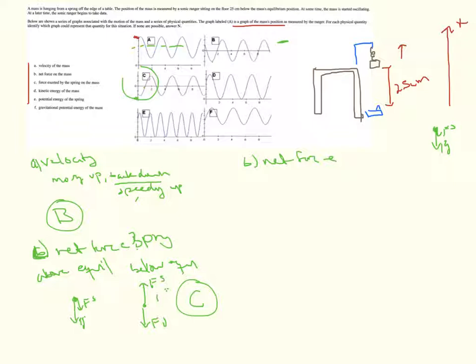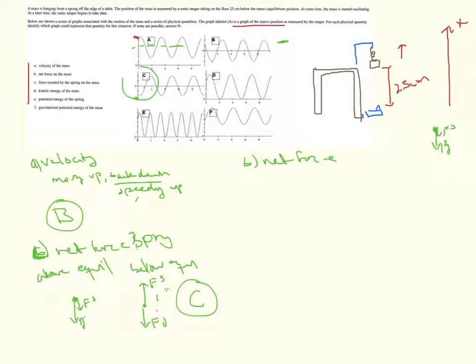The way that that's going to be modified is that gravity is always going to point down. The point where it's going to be 0 is going to be still at the equilibrium point.